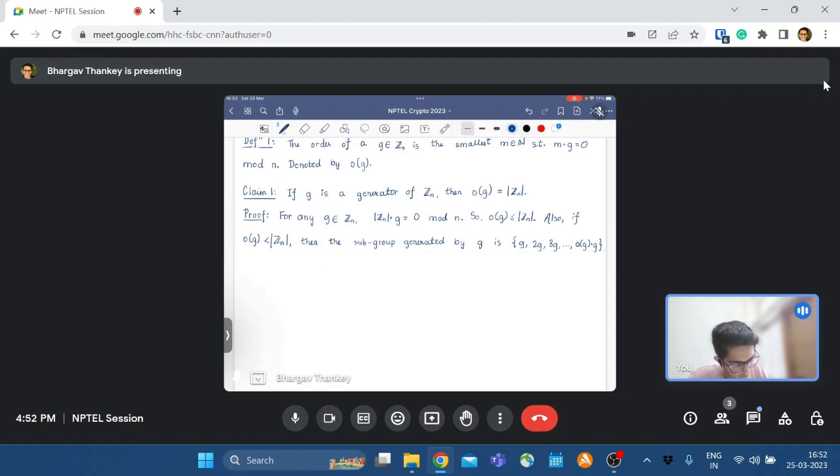Okay, so this is the group generated by g. Now, size of this is less than Zn, so g is not a generator.